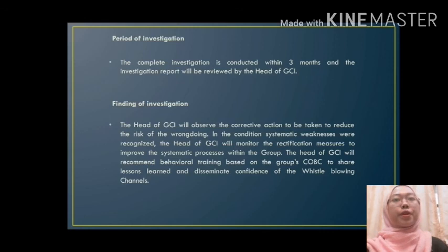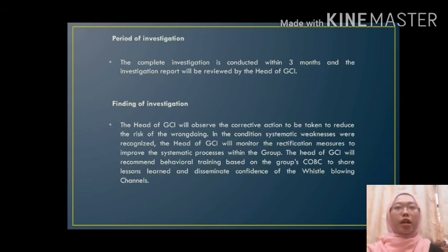The complete investigation is conducted within 3 months and the investigation report will be reviewed by the head of GCI. The second last step is finding of investigation. The head of GCI will observe the corrective action to be taken to reduce the risk of the wrongdoing. In the condition that systematic weaknesses were recognized, the head of GCI will monitor the rectification measures to improve the systematic processes within the group.